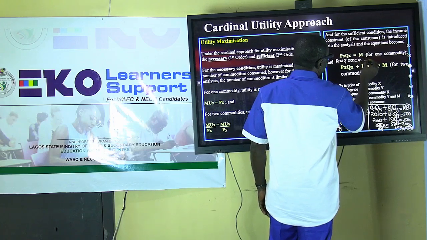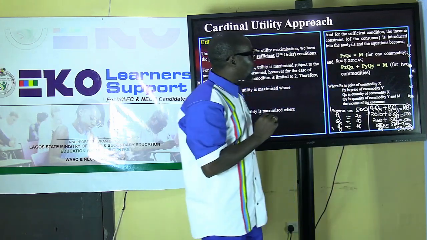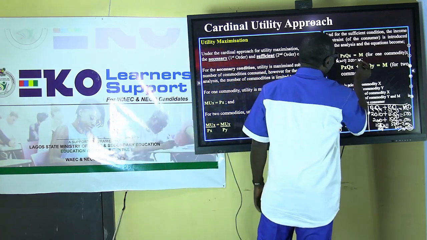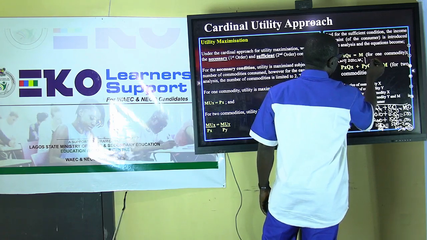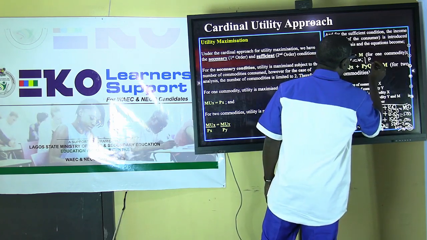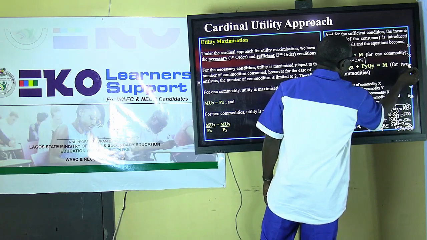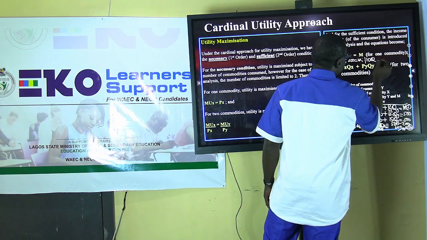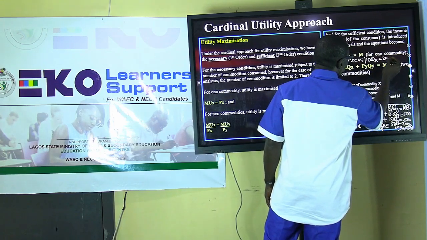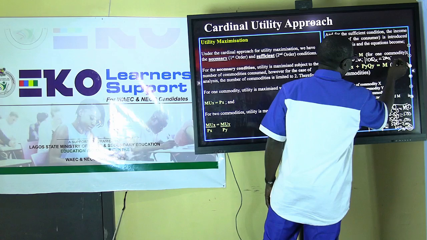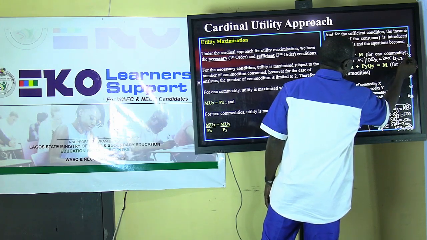What is the quantity that this consumer has to buy for him to be at equilibrium? So we go back to the equation and say price of X, which is 10, multiplied by the quantity of X is equal to the income. And therefore, if we divide both sides by 10, we would have our quantity to be equal to 20 as well.